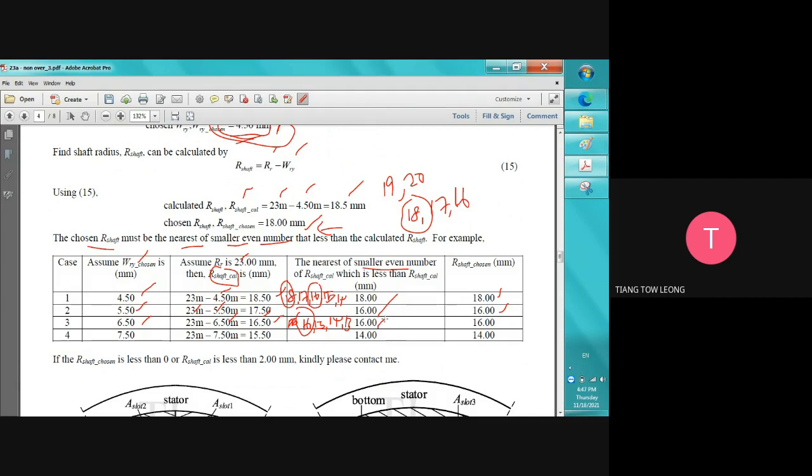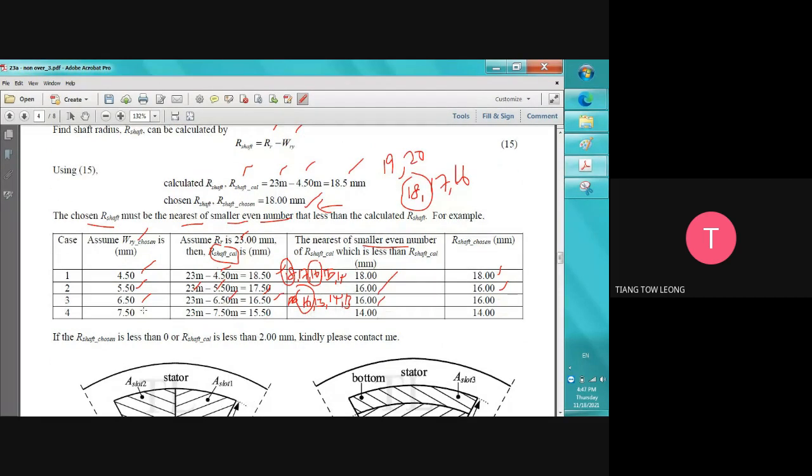So we will go to 16. Let's say the calculated value is 7.5. After deduction, we have 15.5. The chosen value can be 15, 14, 13, and so on. And then the nearest smaller even number is 14. So we will choose 14.